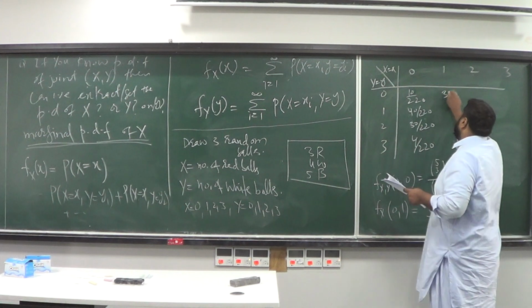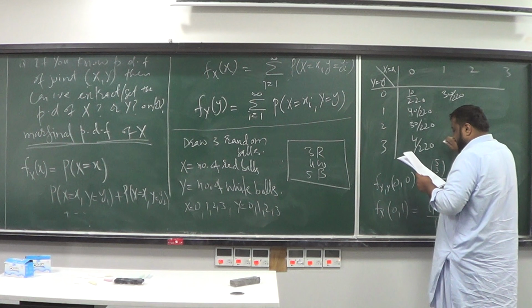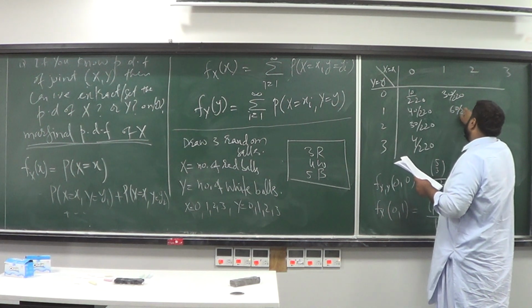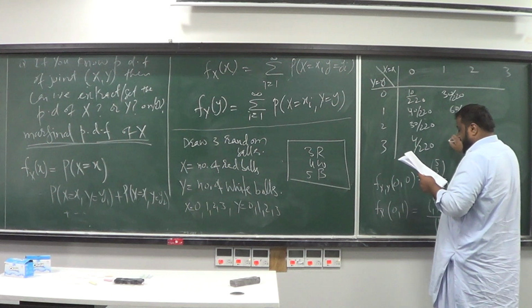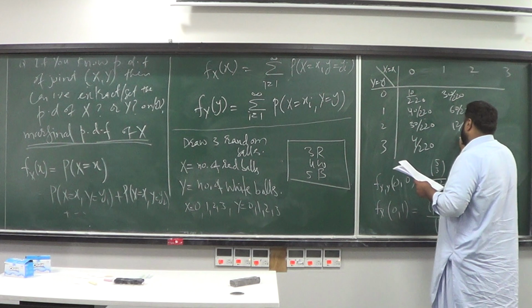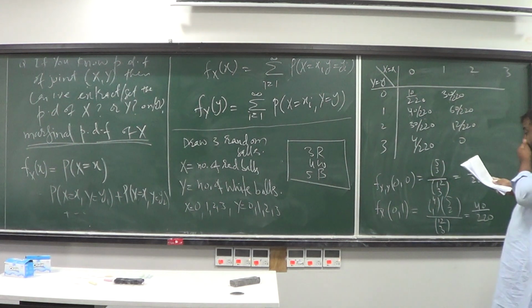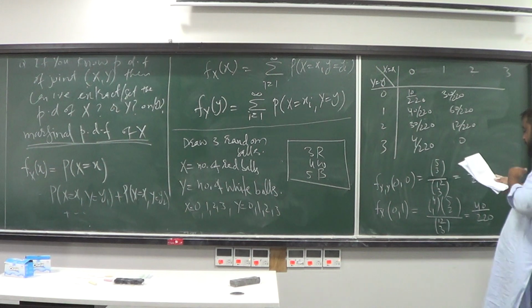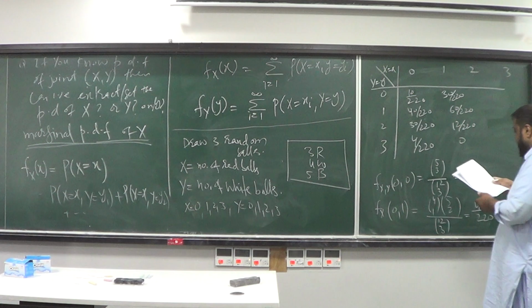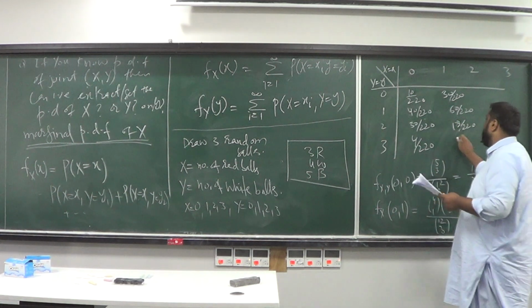So this is going to be 30 by 220, and 60 by 220, 12 by 220, and 0. Why is it not 12 but 18 by 220, and this should be 0?